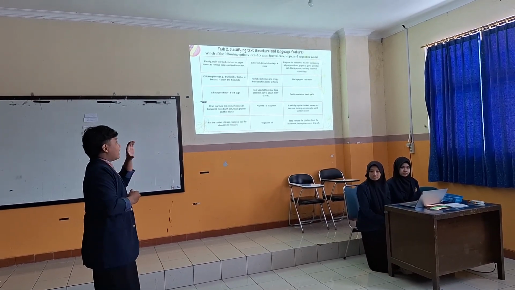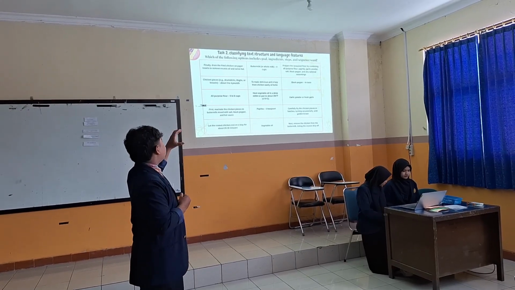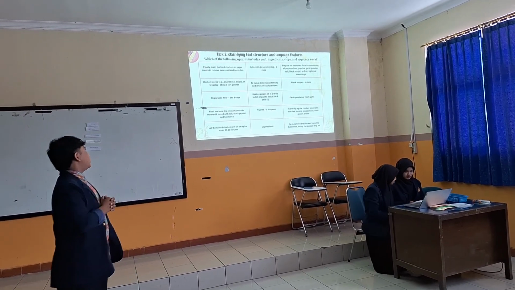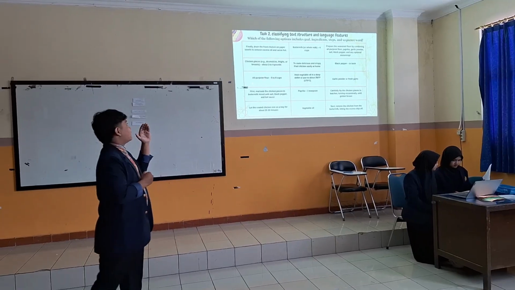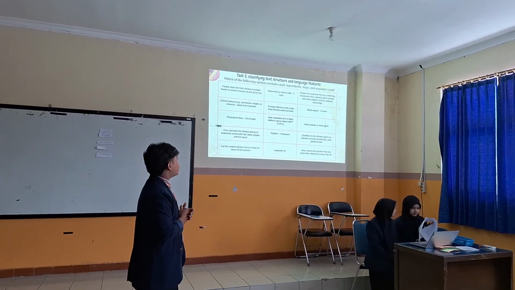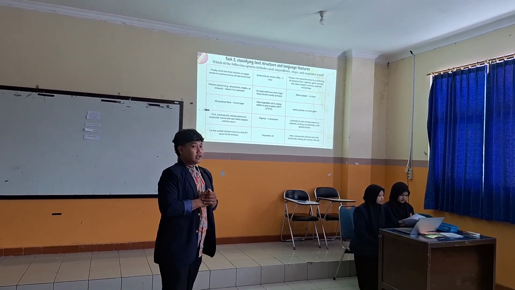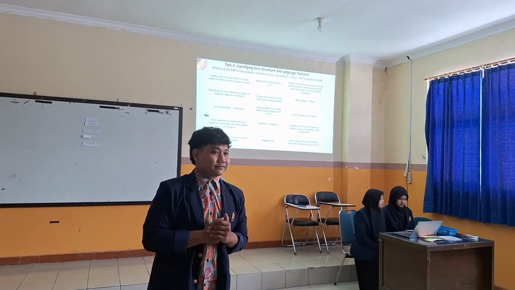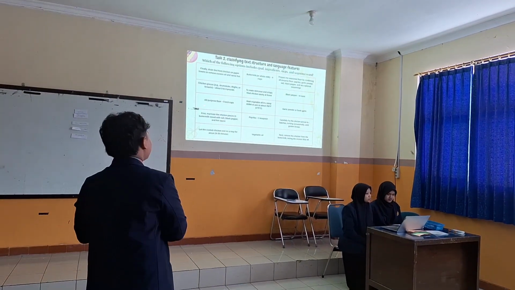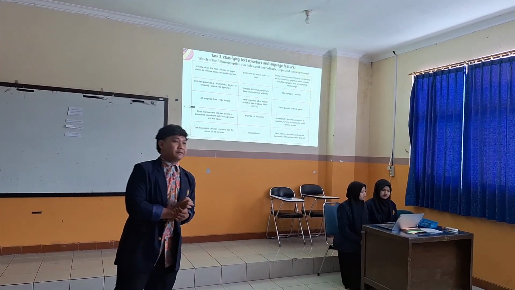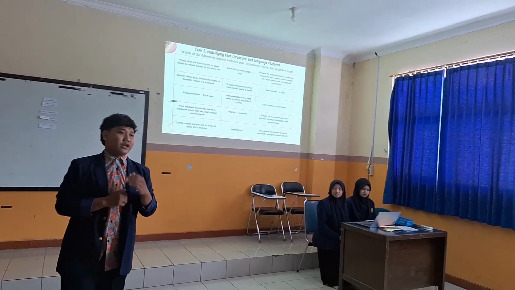There are several sentences in the table, so your duty is to identify which of the following options are goals, ingredients, steps, and sequence words. Do you get the idea, students? Yes. Okay. I give you at least 5 to 10 minutes to do the work with your group.